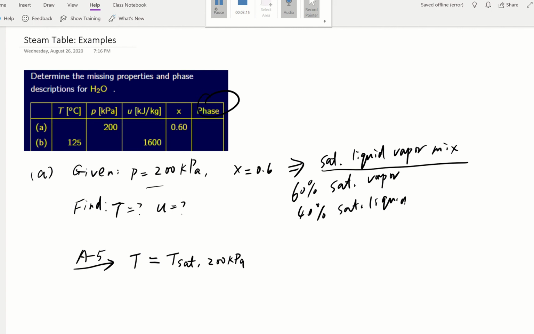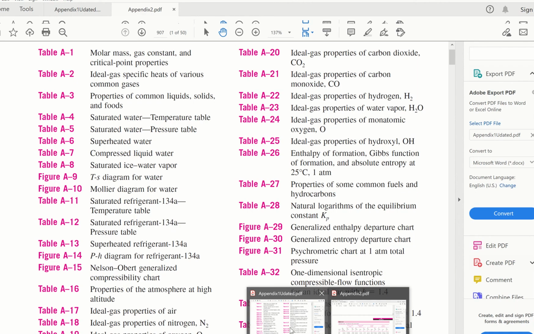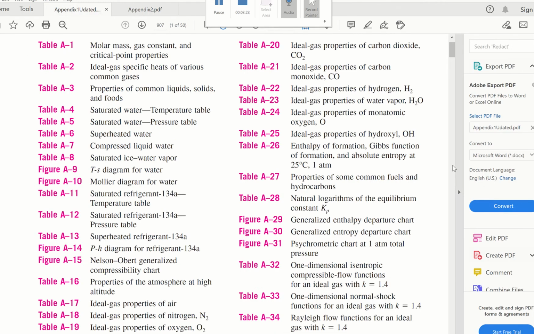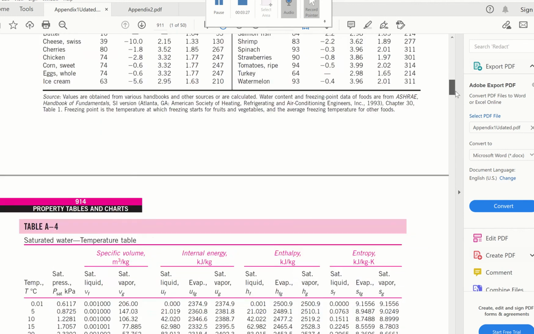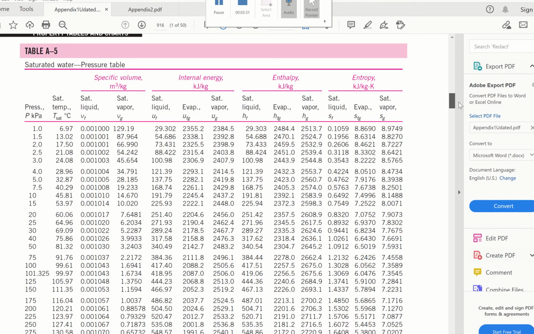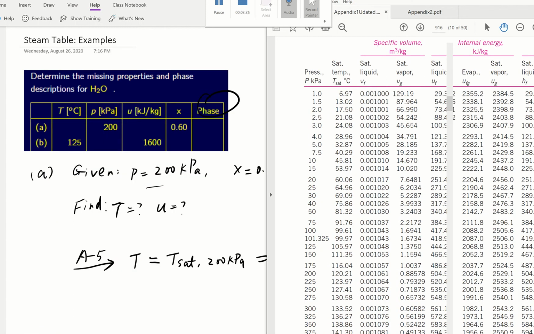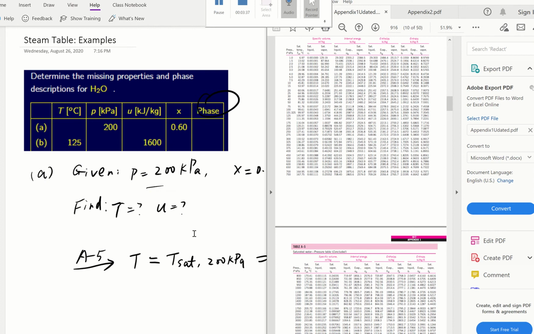So we just need to go find that number. Now let's do that. This is in SI units, so we're going to look at the appendix, table A5.